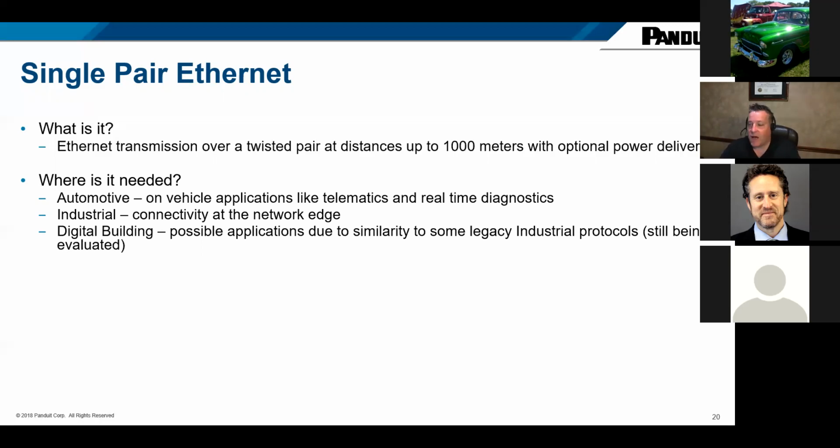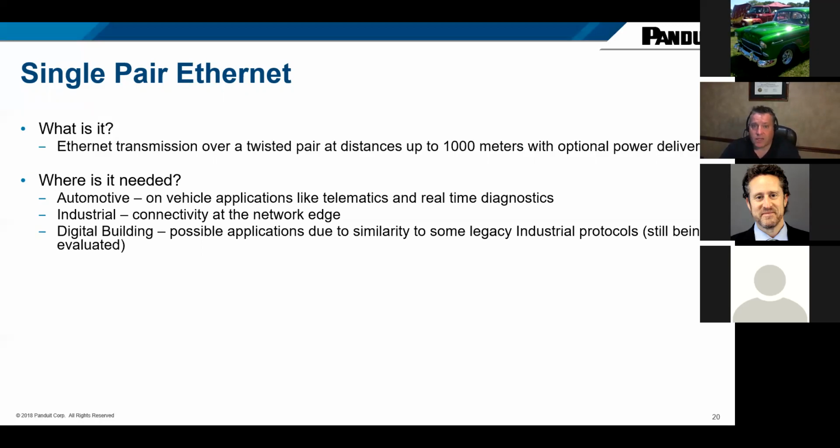Well, this has got a lot of interest. Automotive has a big play there because of the lower weight of these cables with only a single pair in there. So on vehicle applications, Ford, GM, all those guys, Volvo, they're all over this technology.